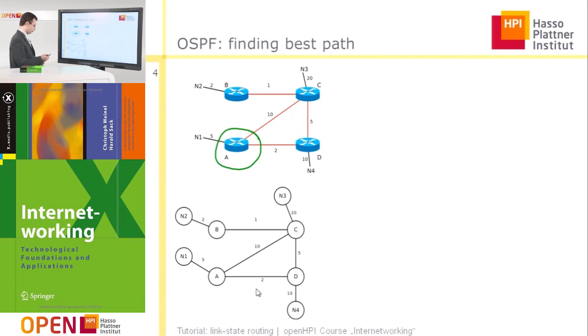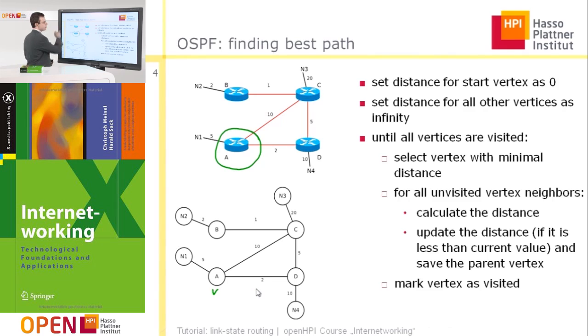Then router A is our starting point, and router A follows the Dijkstra algorithm to find the shortest paths to all other destinations, all other vertices on this graph. This is how the Dijkstra algorithm could be described.